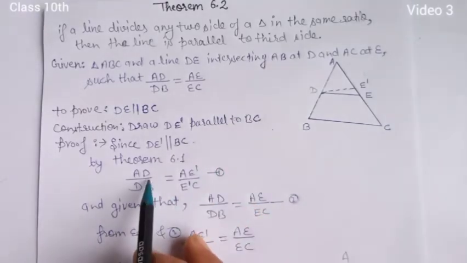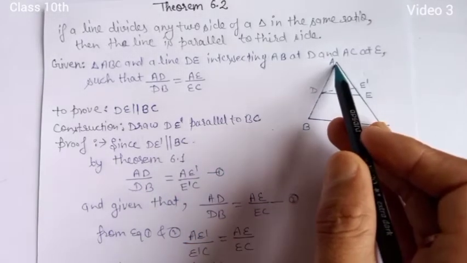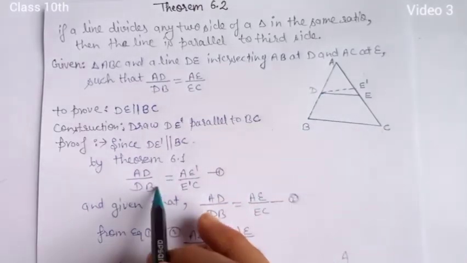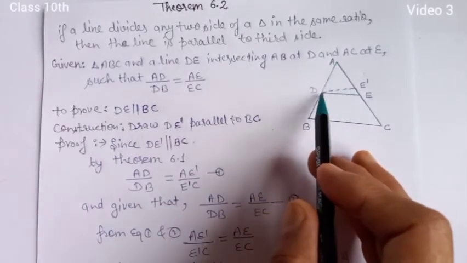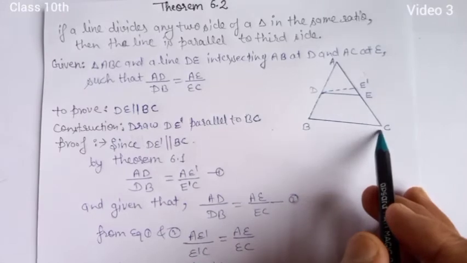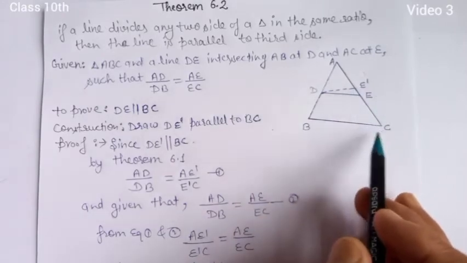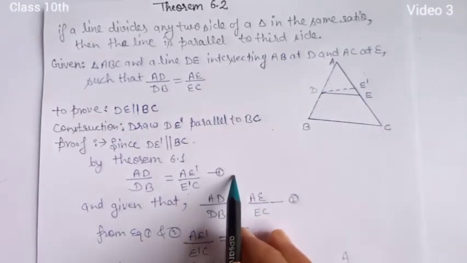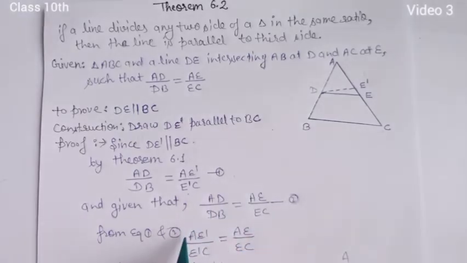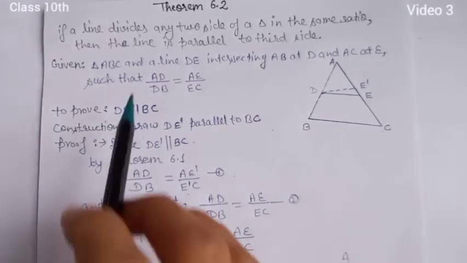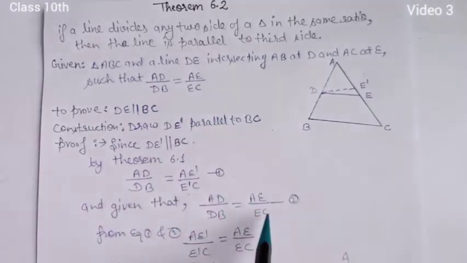So by using it, the ratio AD/DB is equal to AE dash/E dash C, because DE dash is parallel to BC. Make it equation 1. It is given that AD/DB is equal to AE/EC. Make it equation 2.